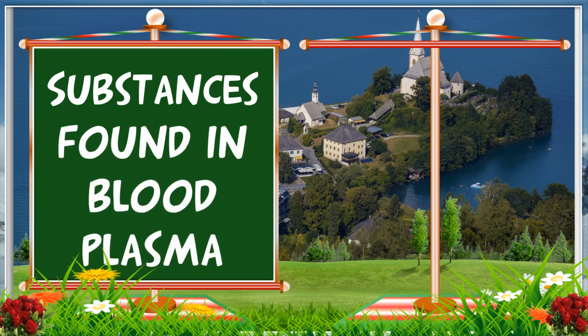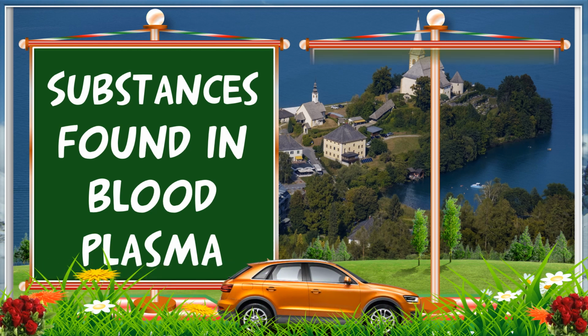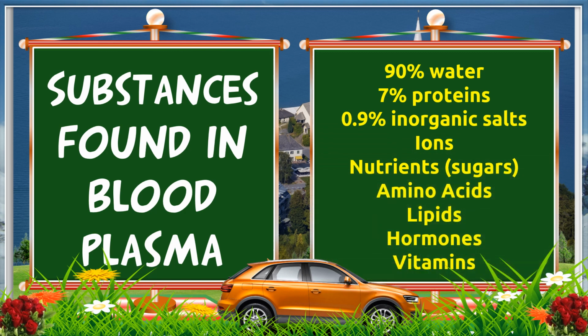Substances found in blood plasma: 90% water, 7% proteins, 0.9% inorganic salts, ions, nutrients, sugars, amino acids, lipids, hormones, and vitamins.